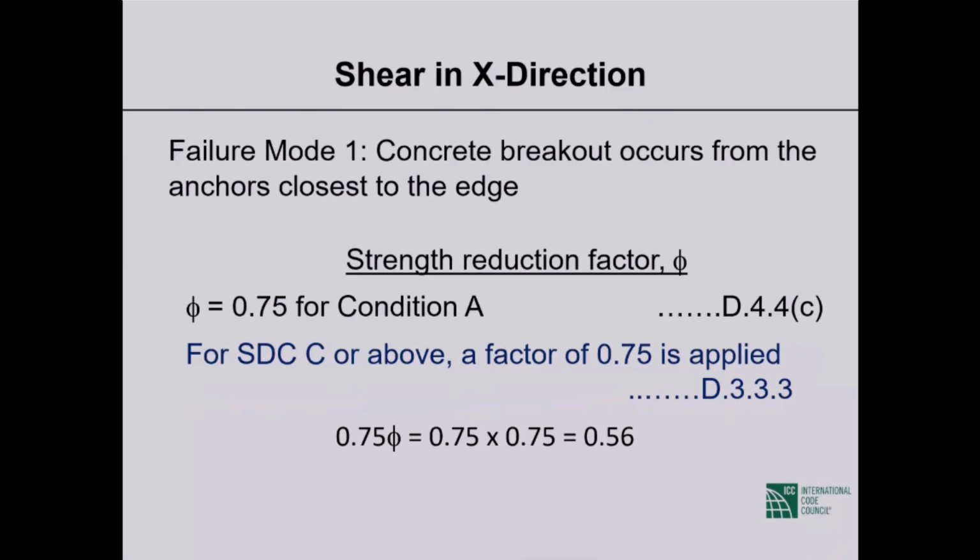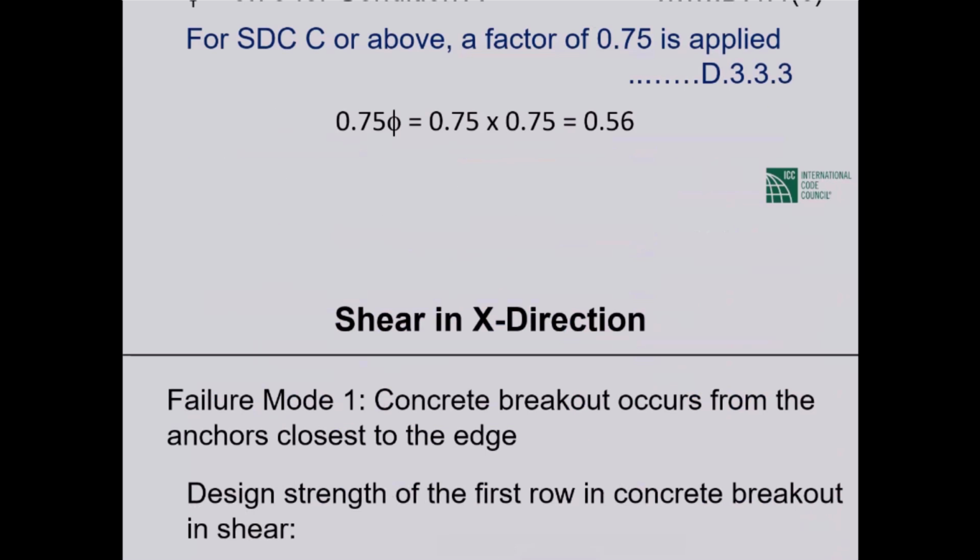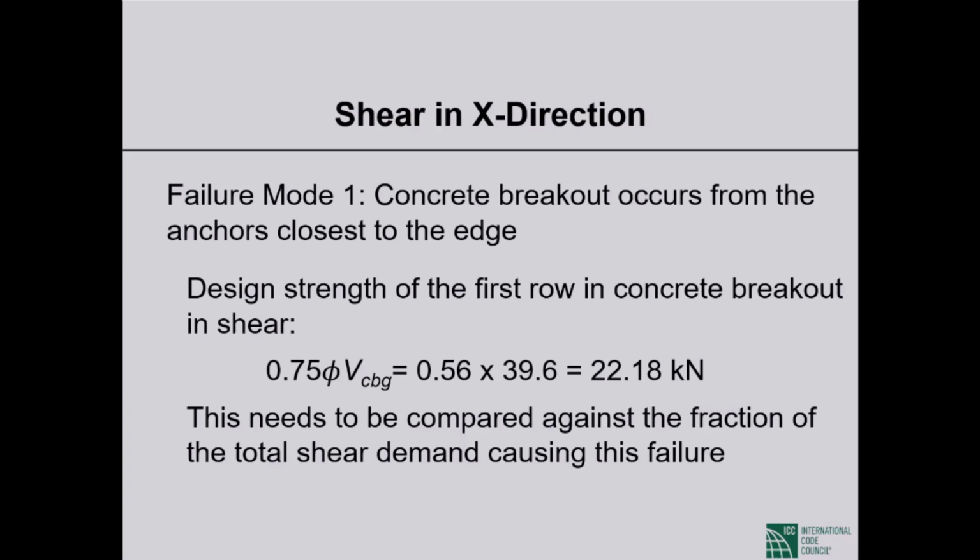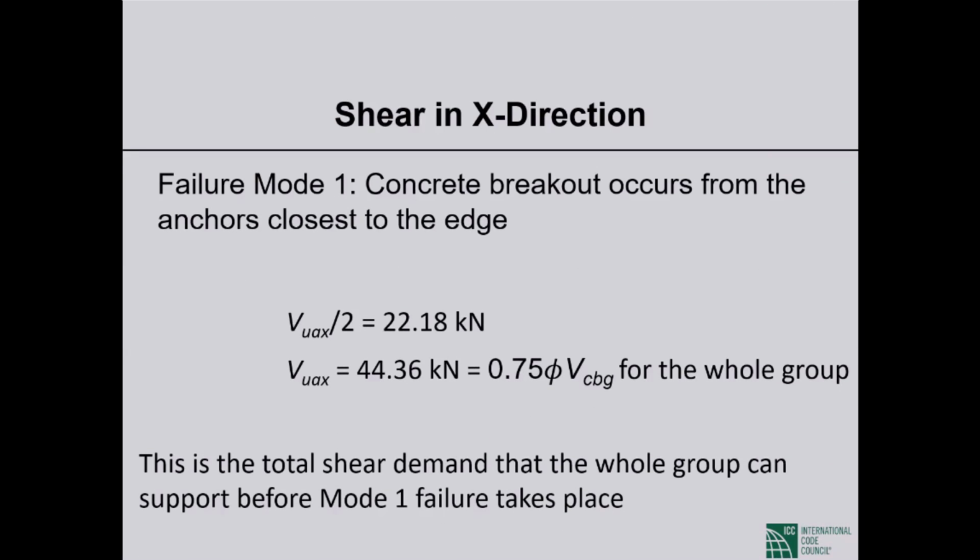So for the front three breaking out, it is 22.18 for the group, for the three, and because they are failing under 1/2 of the shear applied to the group, the strength is 44.36 kilonewtons.